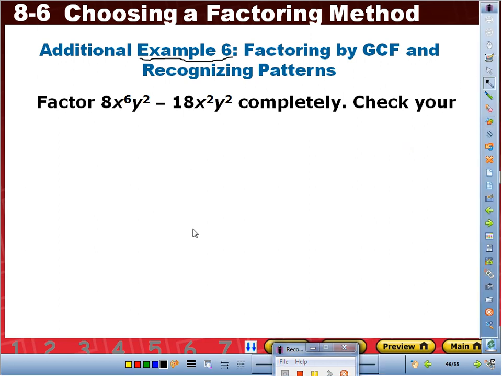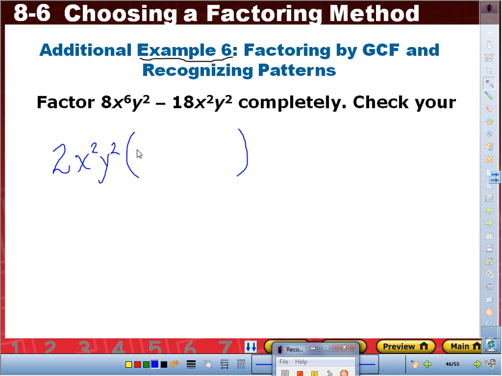Okay, let's see. Step 1. Everyone, GCF. What number divides this that divides that? 2. However, what else can we find here and here? X squared and y squared. So that's our GCF.